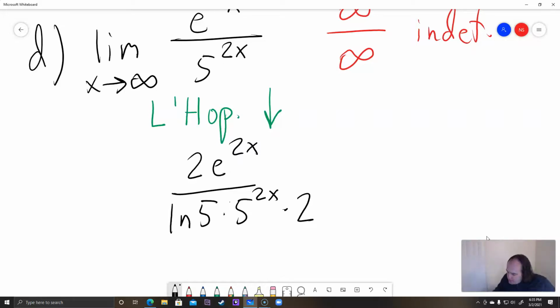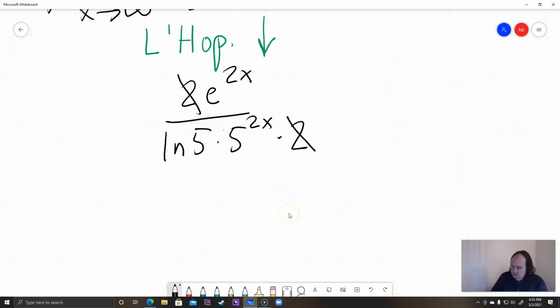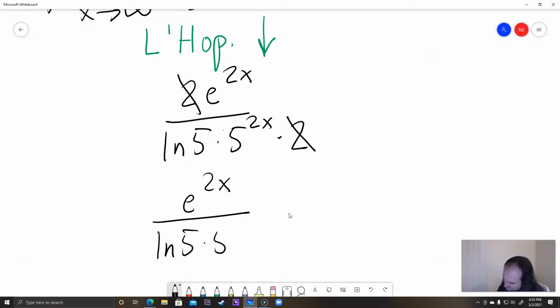Okay, and then the 2's are going to cancel out. So we're actually just going to have e to the 2x over ln of 5 times 5 to the 2x.